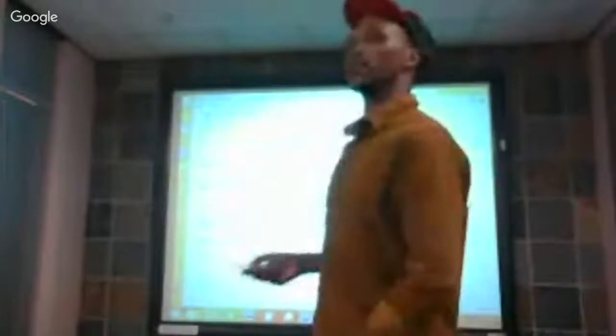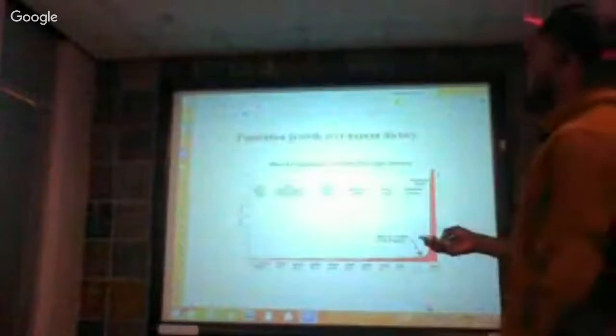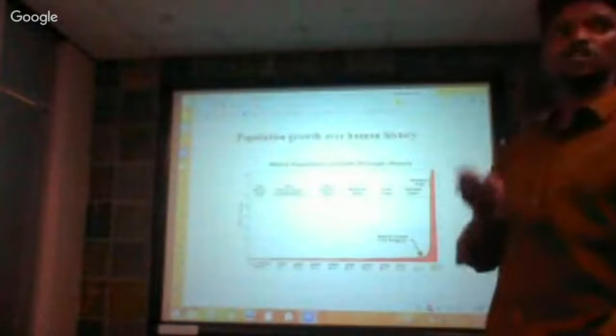So you can tell from those figures that much of the Earth is permanently inhabited. Here, this graph shows human population over human history. As you can see, this is a J-shaped graph which shows exponential growth.